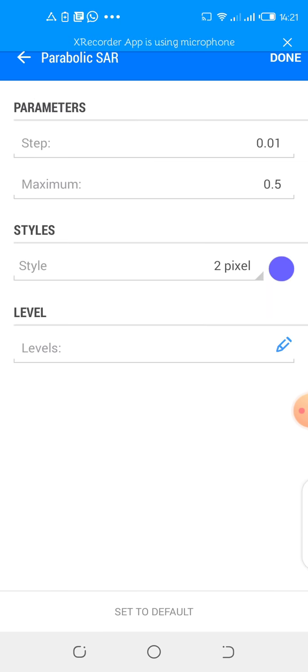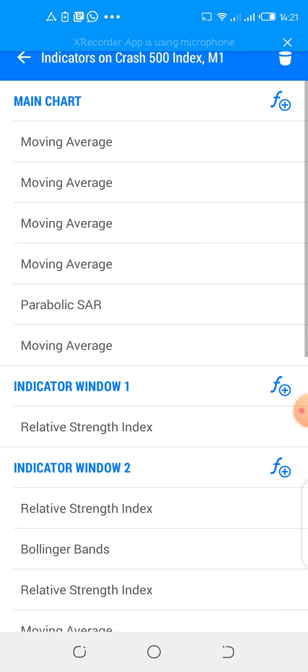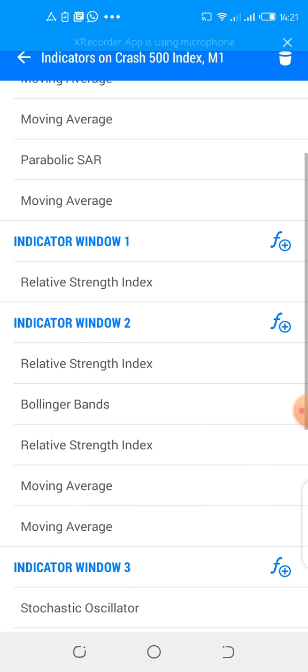Parabolic SAR changed to step 0.01 and maximum 0.5, color to whatever you want. So that is for the main window.